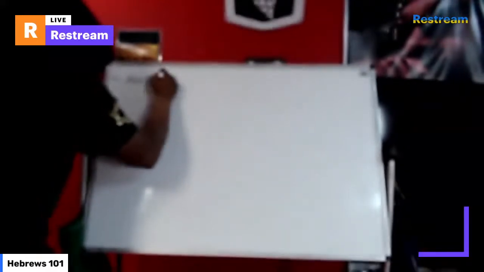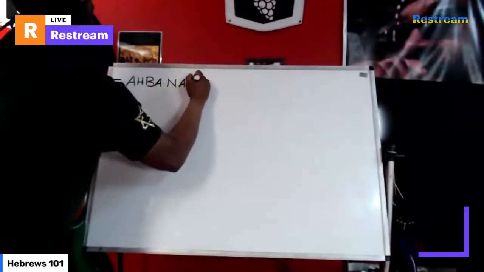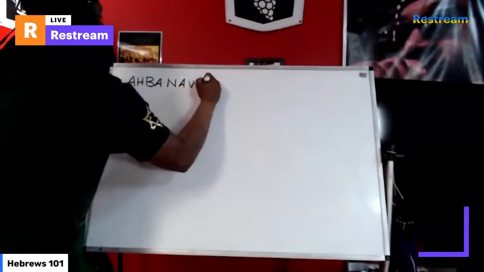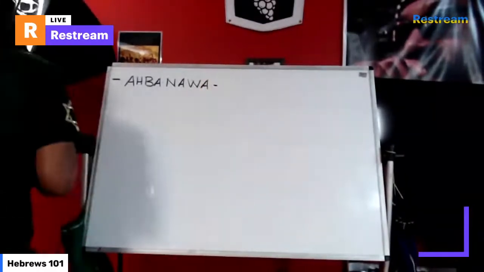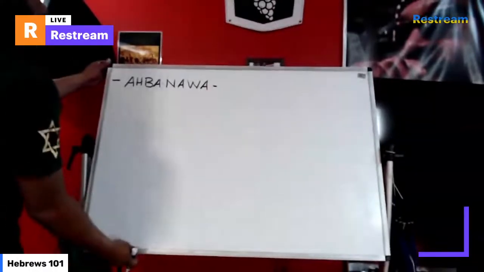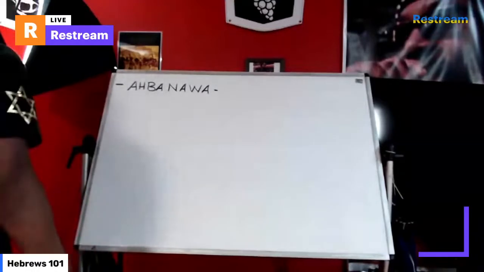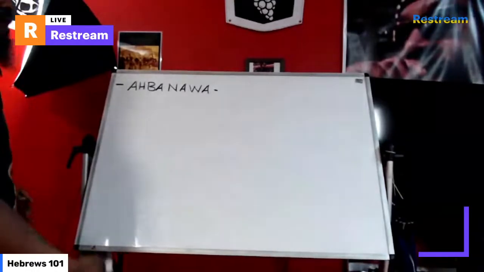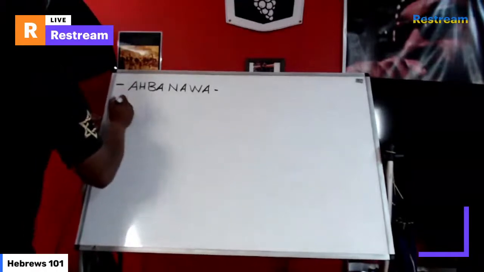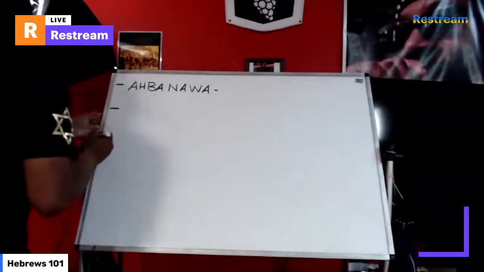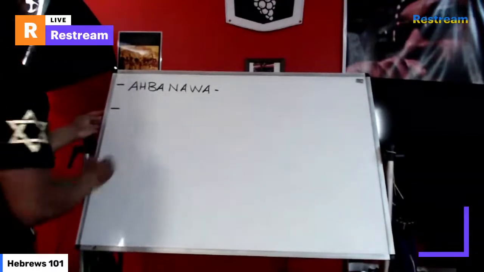Abanawa. Abanawa. Tell you what, I'll do this perhaps 4 or 5 words at a time. So now we'll just write out the Hebrew first, and then we'll do English, all right? Your first word is Abanawa.